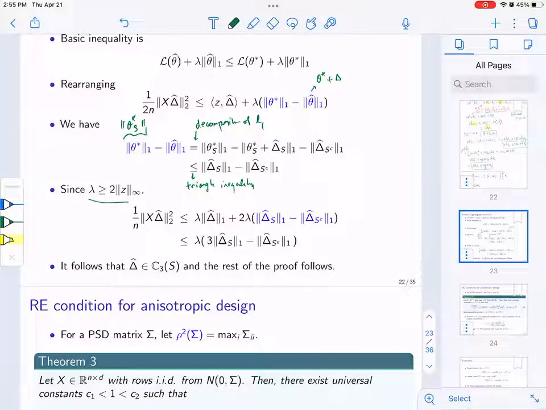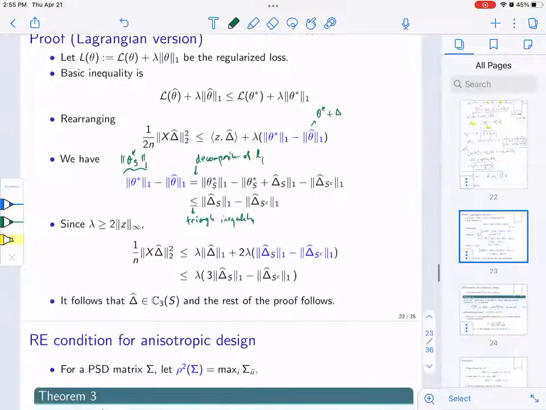Now I'm going to use this assumption, because lambda is bigger than 2 z infinity. So basically multiply both sides of this by 2 lambda, right? Why do I need 2 lambda?